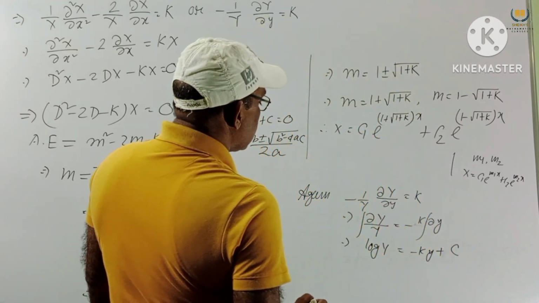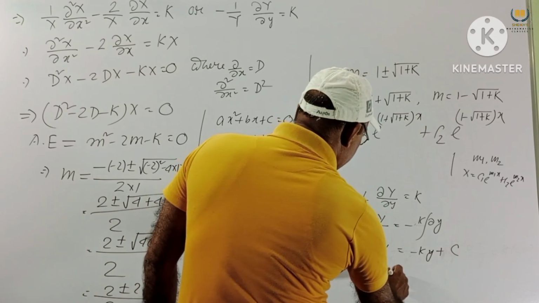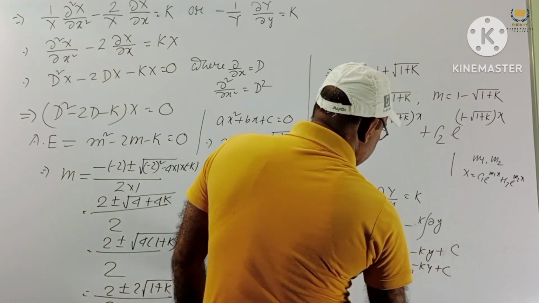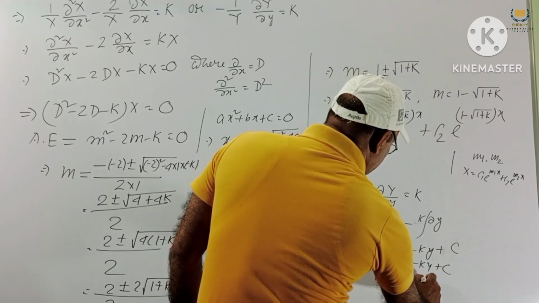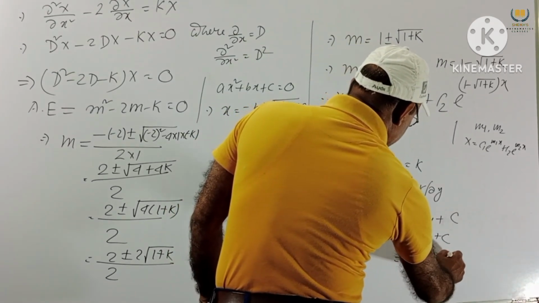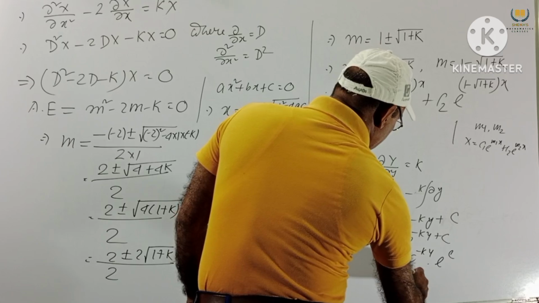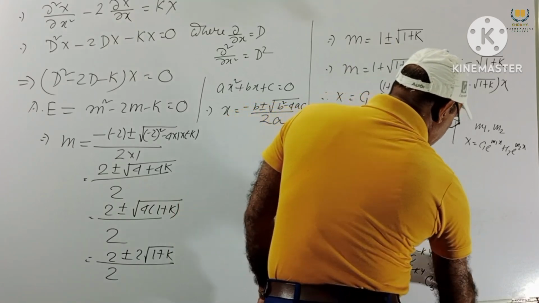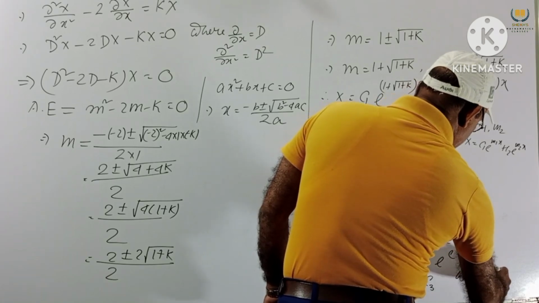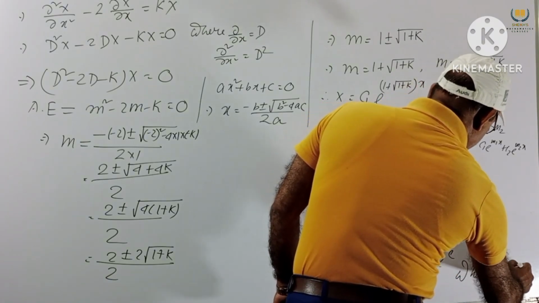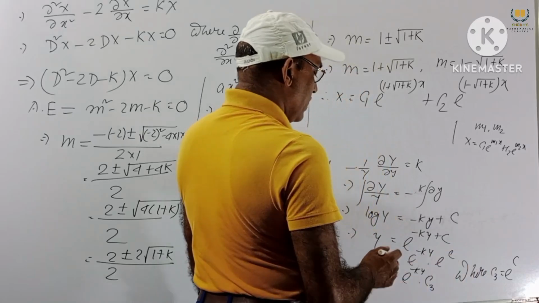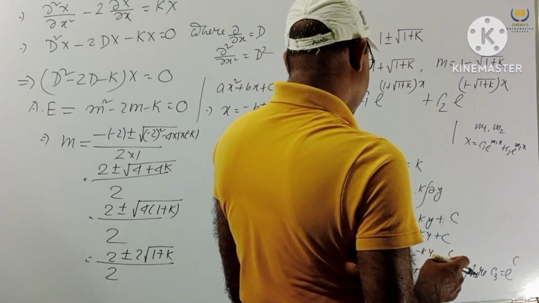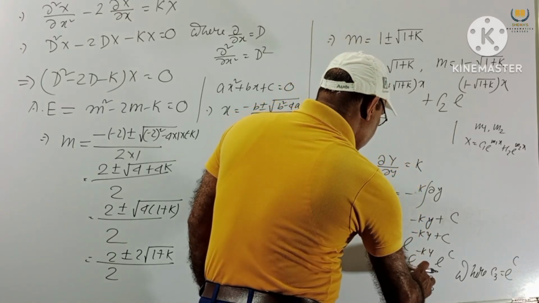We consider c, then y = e^(−ky + c). So e^(−ky) e^c, and this will be e^(−ky) C3, where we consider C3 means e^c. We get this one. So what we get?